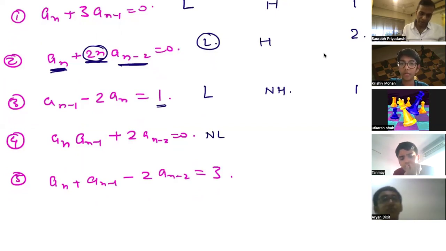Good. Homogeneous, non-homogeneous? Not homogeneous, non-homogeneous. Why? The a_{n-1} considers degree and this is 2. Order 2. Next, linear, non-linear? Linear. Homogeneous, non-homogeneous? Non-homogeneous. Order 2.